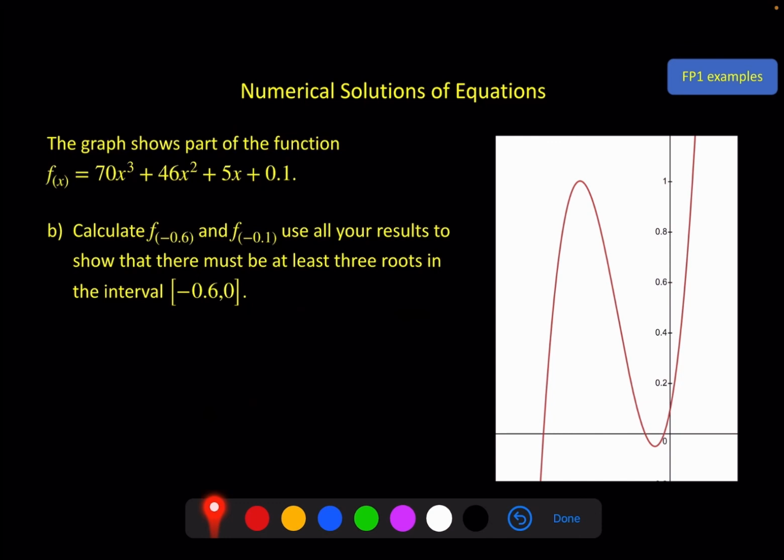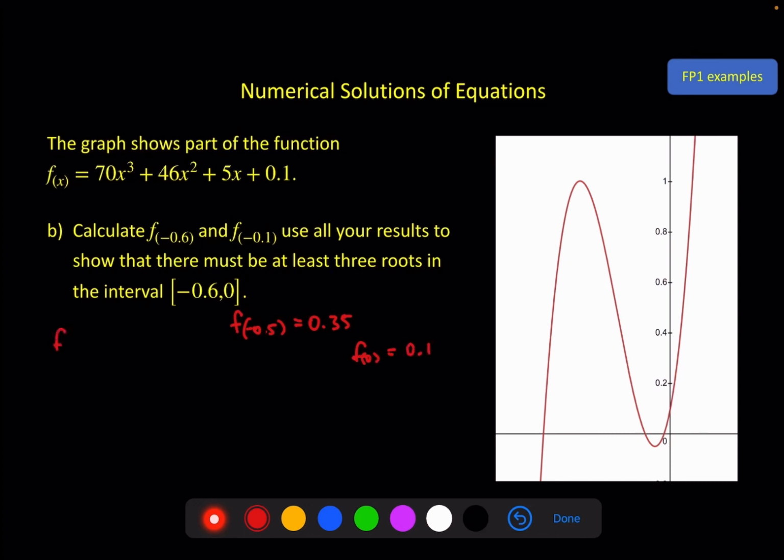Part B, calculate the function at negative 0.6 and negative 0.1 and use all your results to show that there must be at least 3 roots in the interval negative 0.6 to 0. So we already had f of minus 0.5, that was 0.35. And f of 0, that was 0.1.